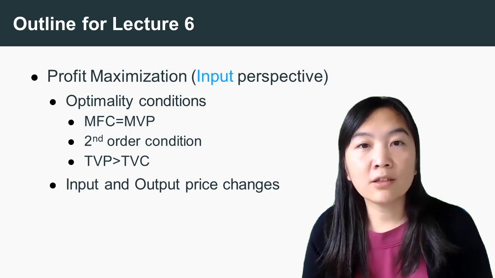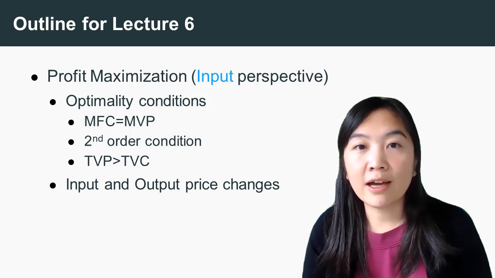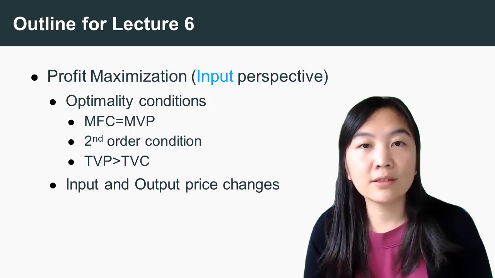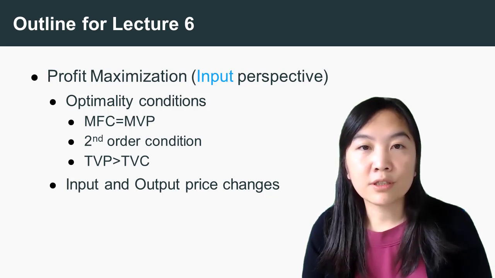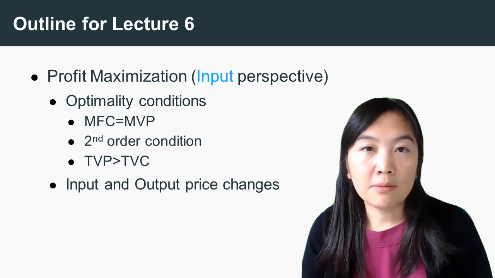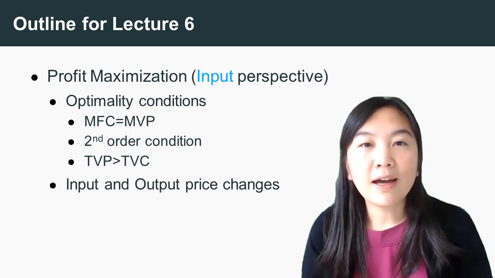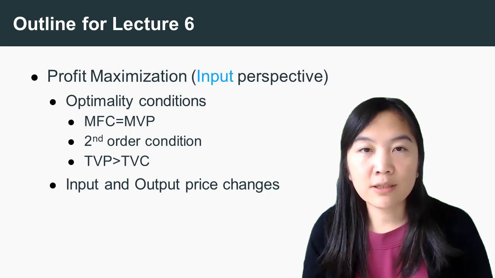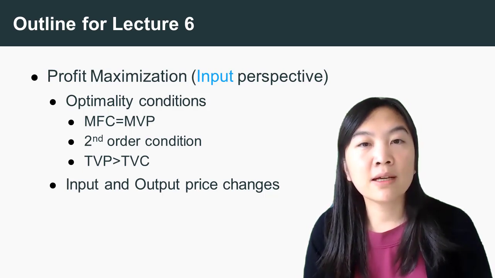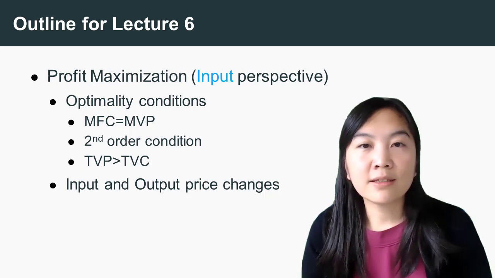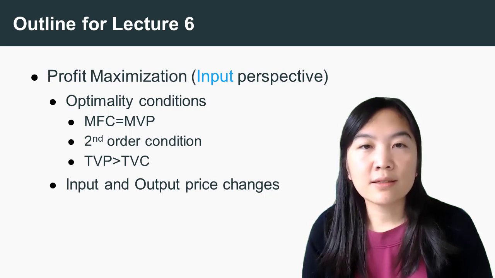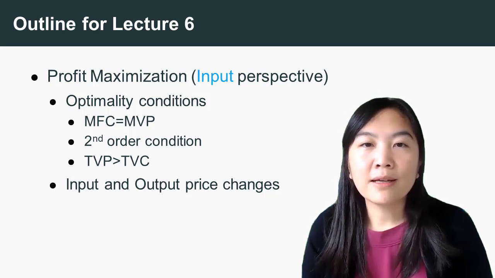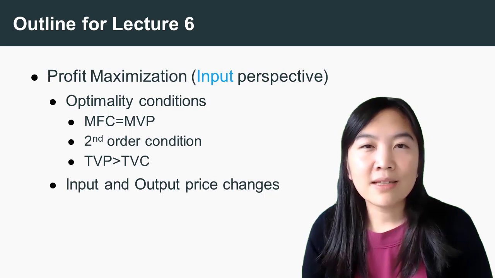And if you meet all those 3 conditions, you can actually find the specific point where the producer will get maximized profit. And once we're done with those profit maximization conditions, and if there's still time, then we will look at several cases where the input price and output price changes. Why does that matter?